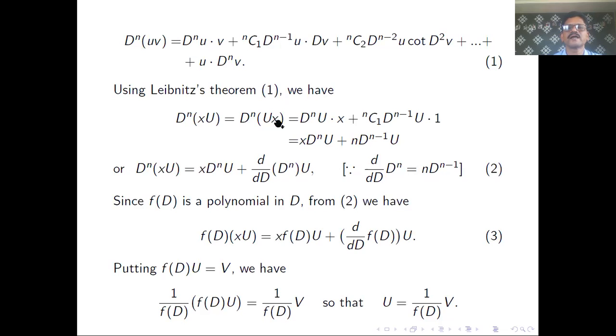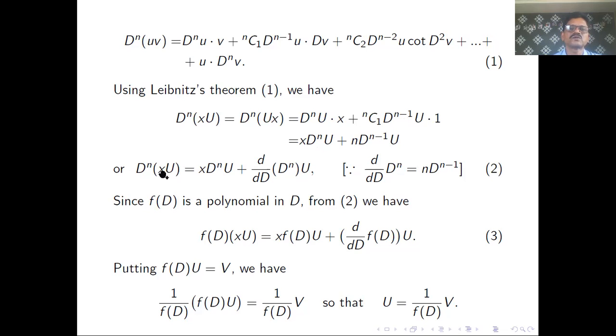phi meaning here x, plus nC1. There you will get d raised to n minus 1 of u into dv. dv means the derivative of this x with respect to x, and that is nothing but 1. So this can be written as x into d raised to n of u plus nC1, which is n, into d raised to n minus 1 of u.